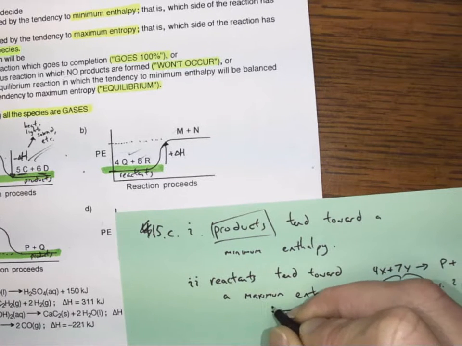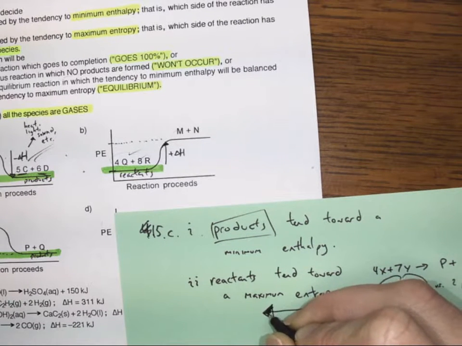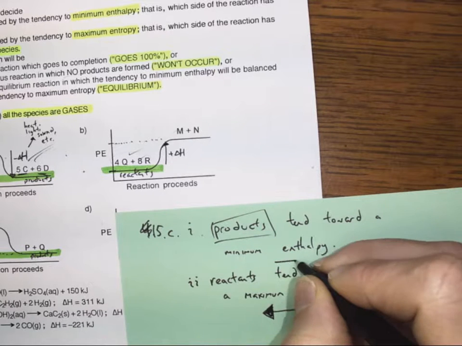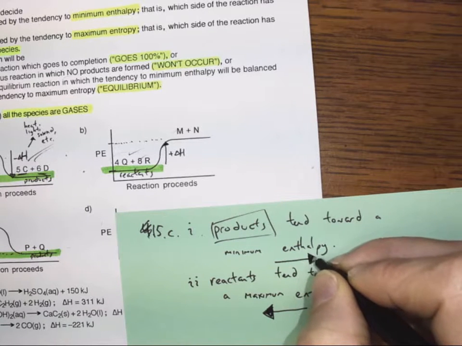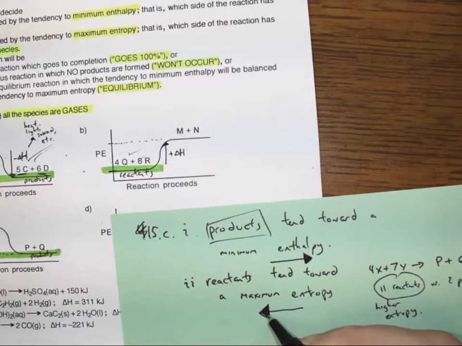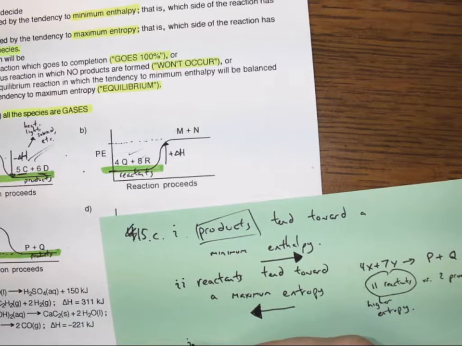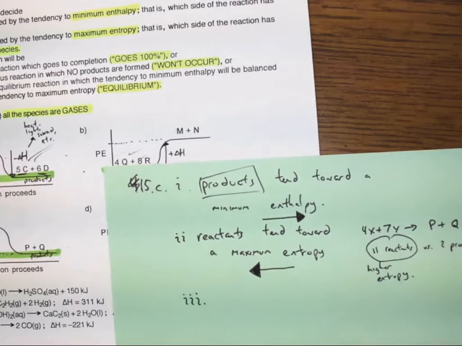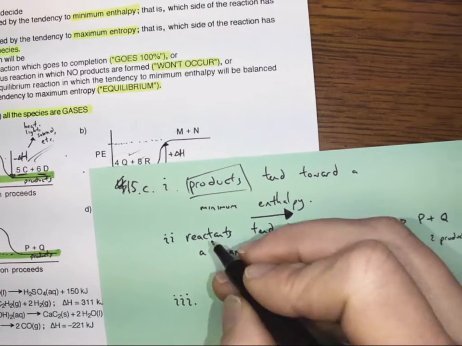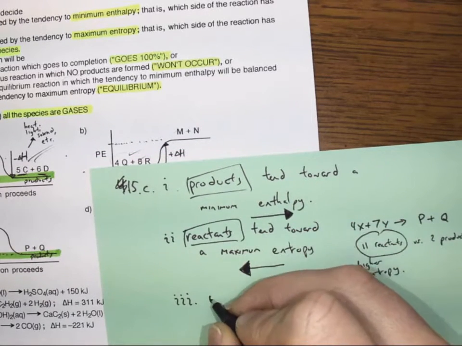So that pushes toward the reactants. And our energy argument pushes our reaction toward the products. And these two different forces of the universe are in conflict. And so, as a result, this reaction lives in equilibrium.